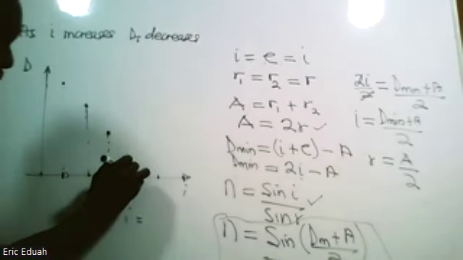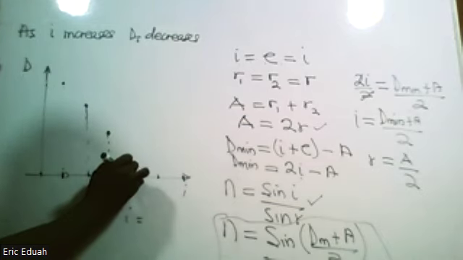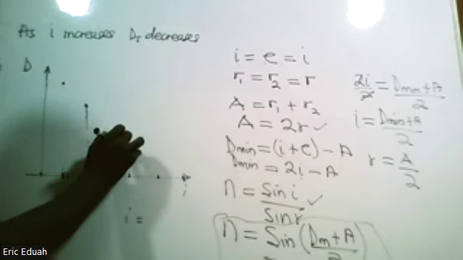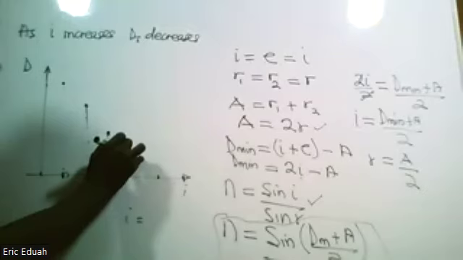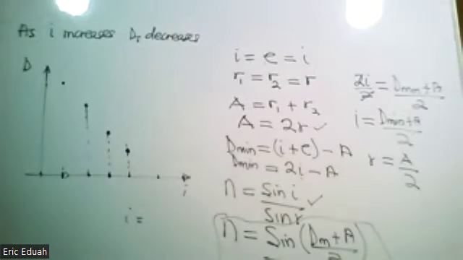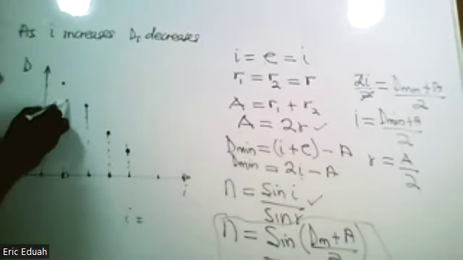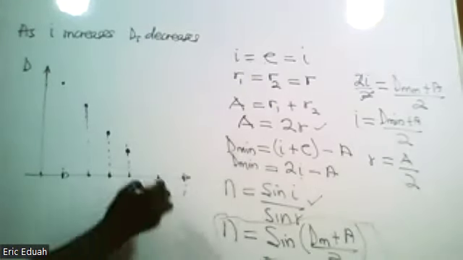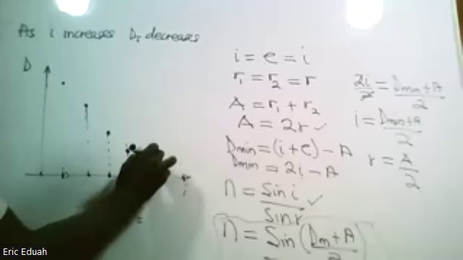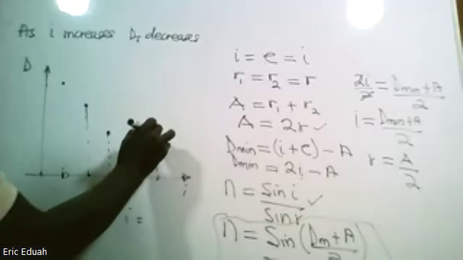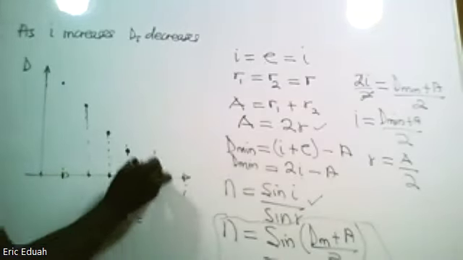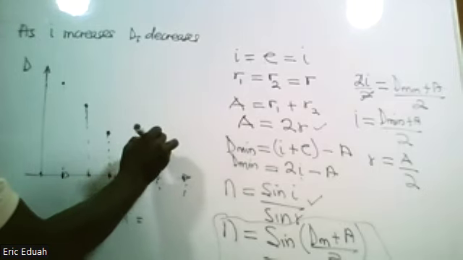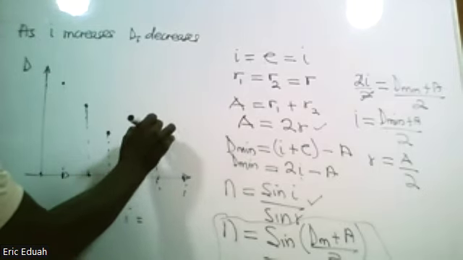Now there will be a particular value of the angle of incidence where instead of this continuing to decrease, it will now begin to increase as we saw, meaning we've attained a certain condition. So as i increases, we have D this time increasing.